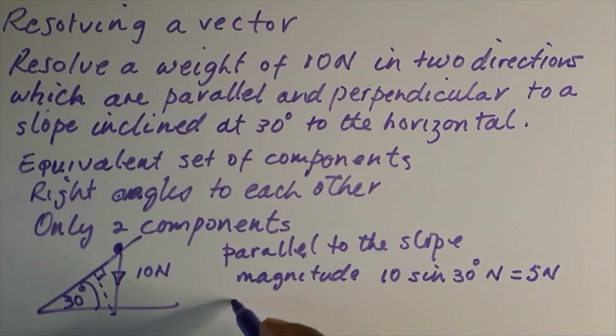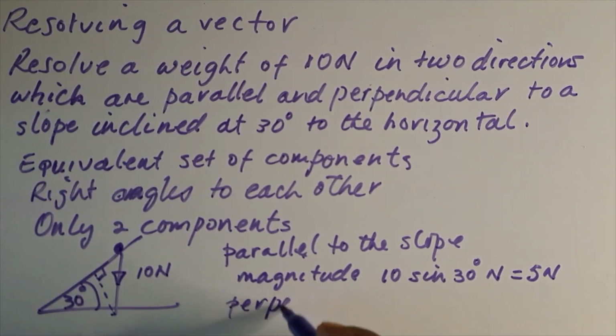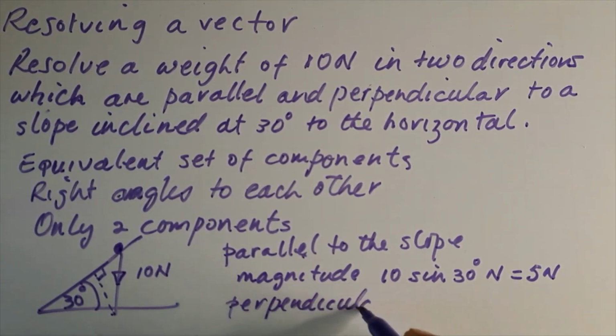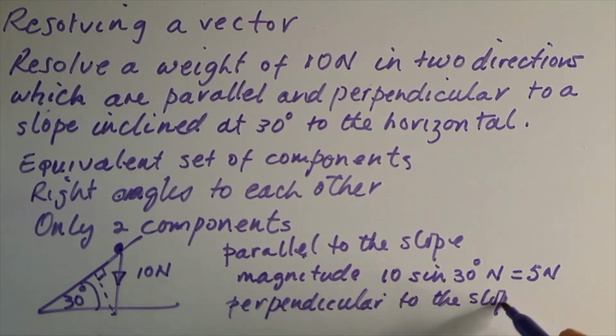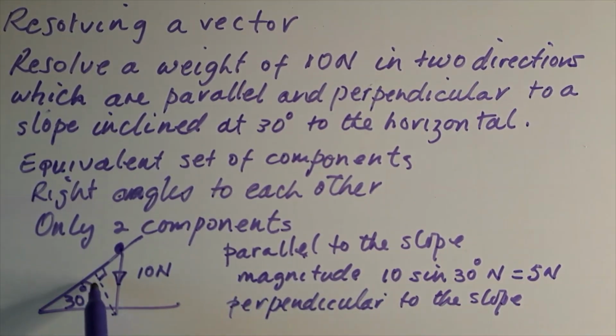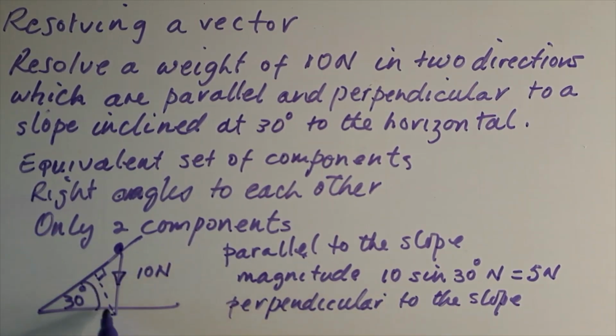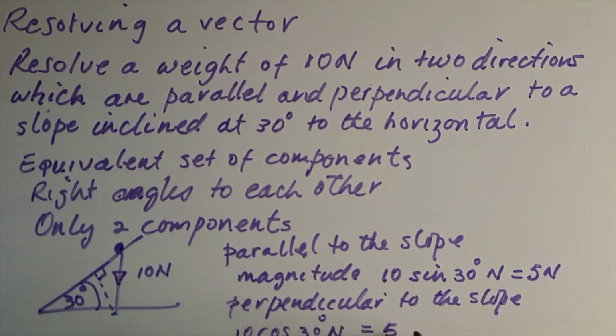Now if we resolve perpendicular to the slope, then we're taking cosine, so we're taking the hypotenuse with this side of the right angle triangle. So we have 10 cosine 30 degrees, and it's equal to 5 root 3 newtons.